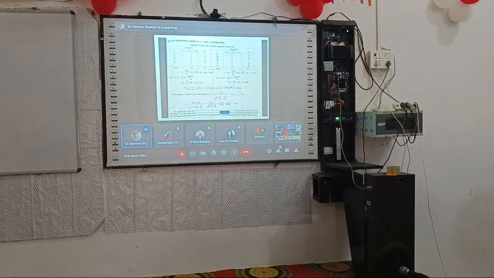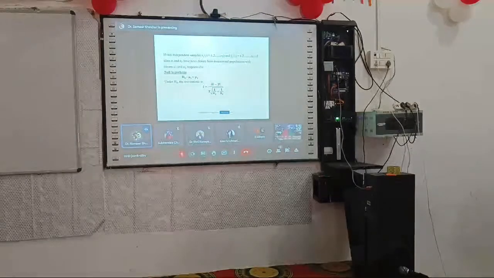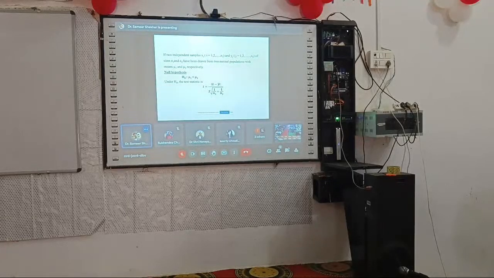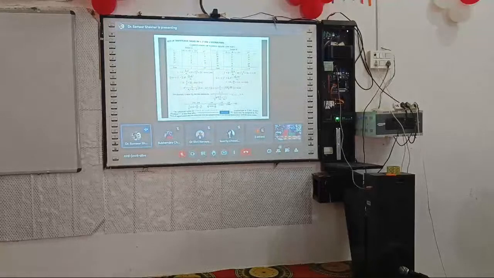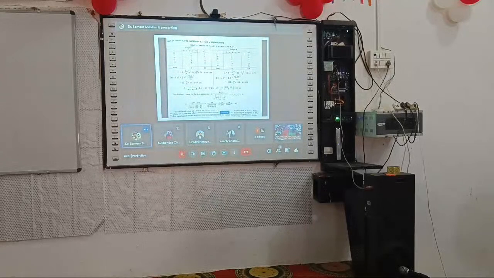Now the question is, what is it called? We need to remember these things. It is called S into under root 1 upon n1 plus 1 upon n2, where these are the sample sizes, right? If this S was outside, S square was outside, then we have brought this S inside the square root, and it has become the square of that S, right?